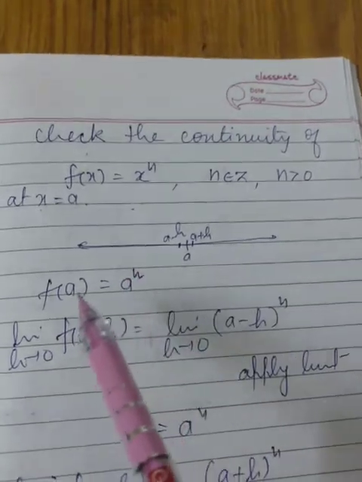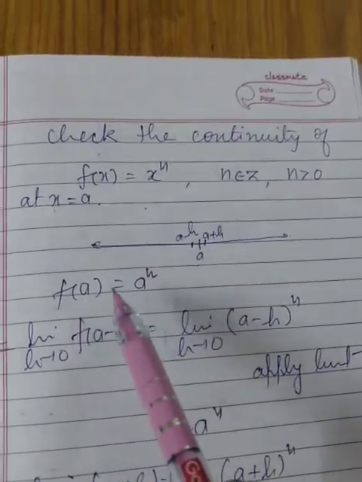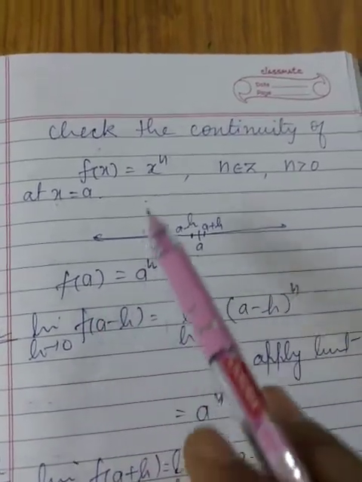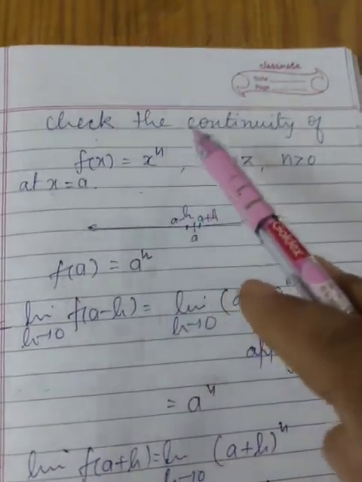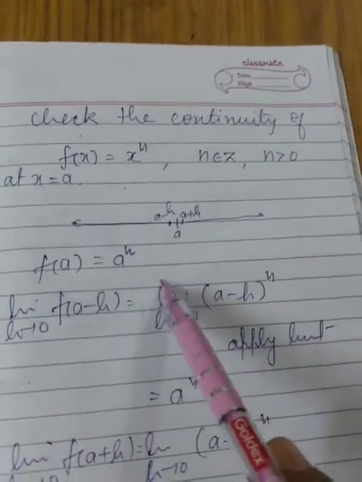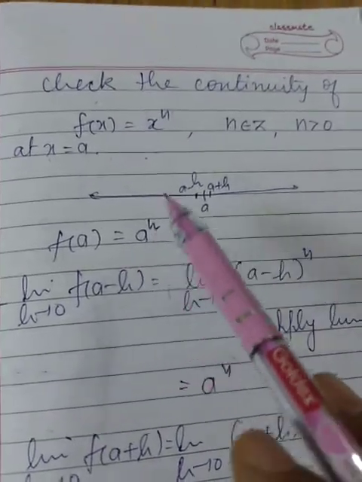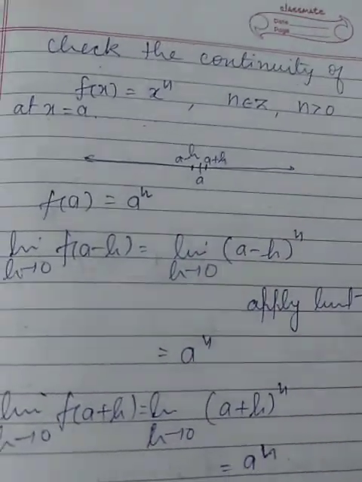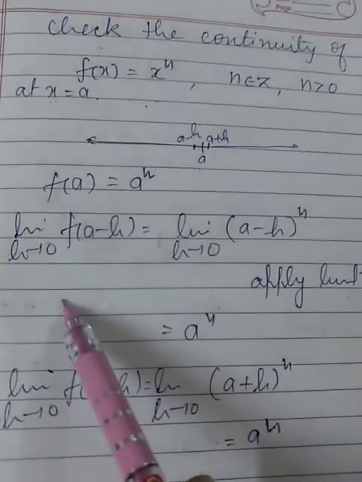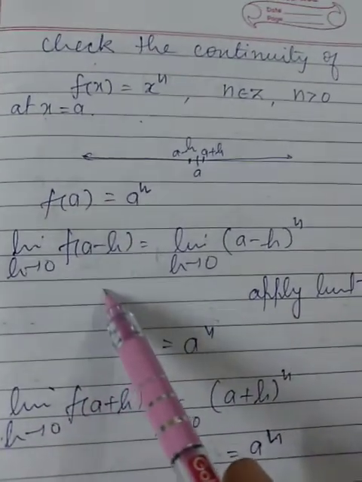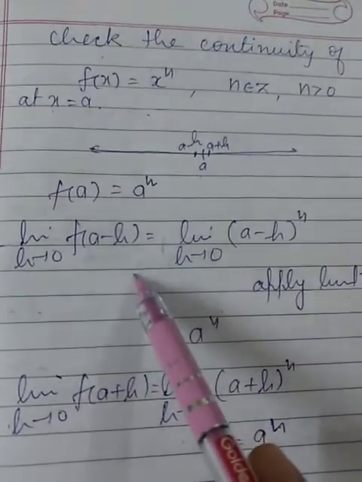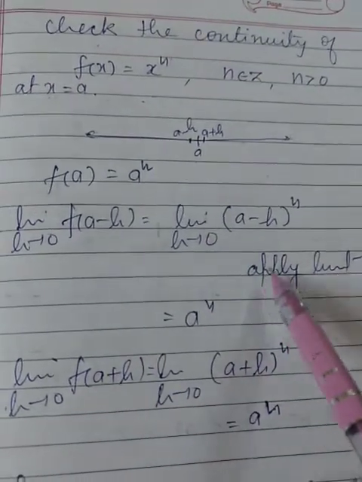Now for the value at x = a, since the function is f(x) = x to the power n, in place of x we substitute a. So f(a) is a to the power n. Then we come to the left hand side. On the left hand side we put a minus h in place of x. So we get (a minus h) to the power n.